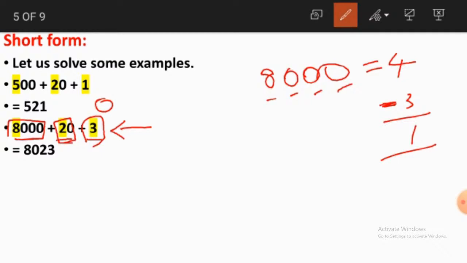Again here 20. 20 means it is in 10's place. Again 8,000 means 1000's place. What is the sequence of place values normally? 1's, 10's, 100's, 1000's. Yes or no, children?